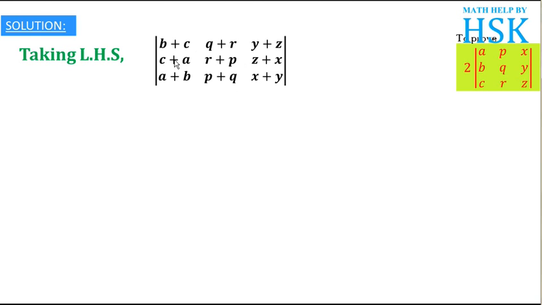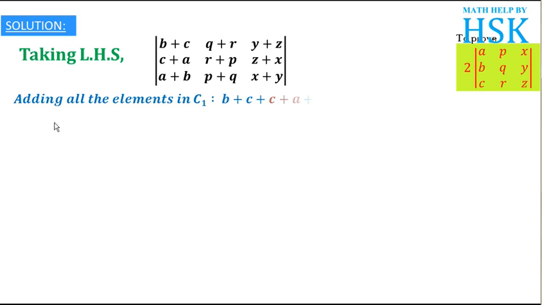Now to solve this question, first of all, what I see here is that if I add all the elements in column 1, column 2 and column 3, I can get 2 as common from the determinant.